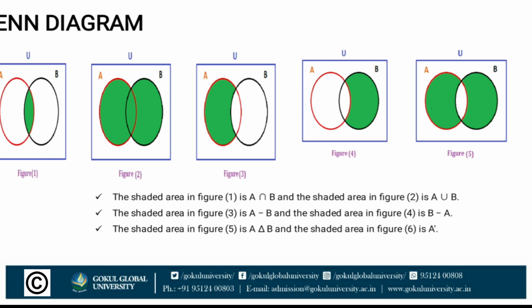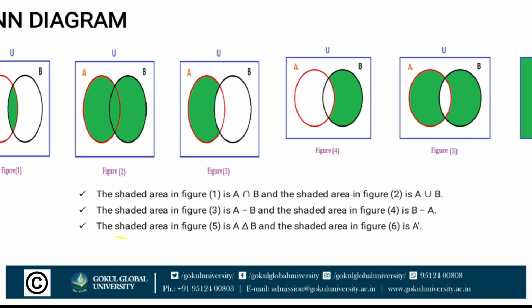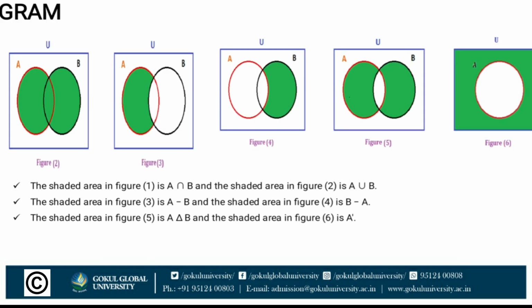Similarly, the difference of another set, B minus A, is the shaded region in B after subtracting the set A. The shaded region in figure 5 is called A delta B, and the shaded region in the last figure is called the complement of A.